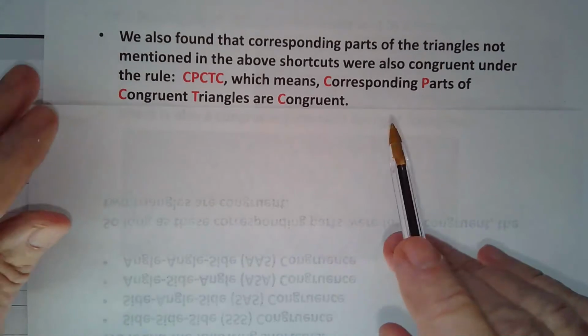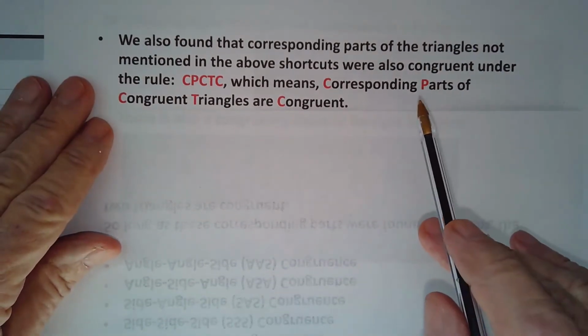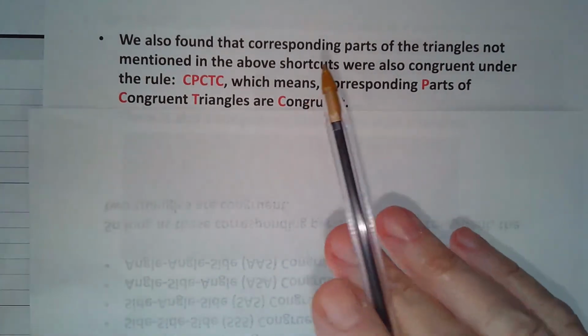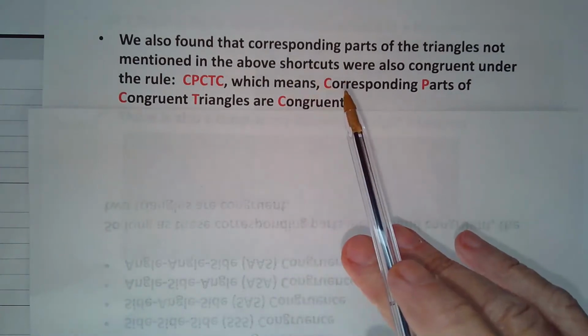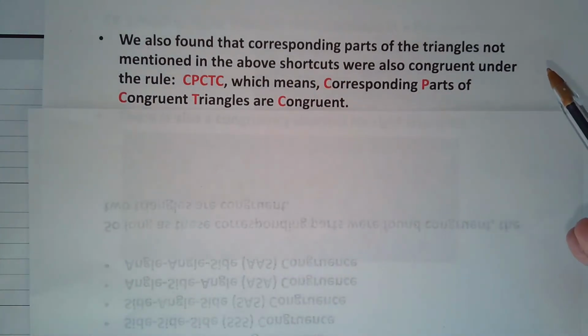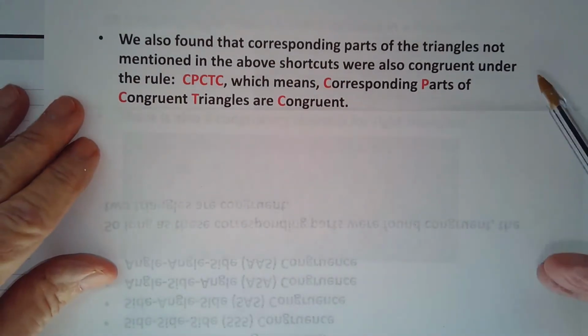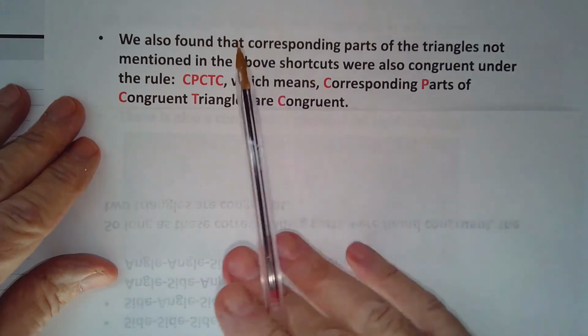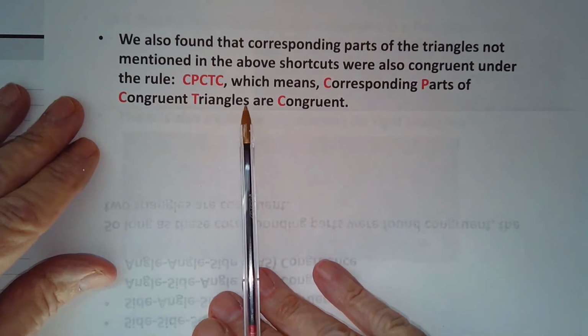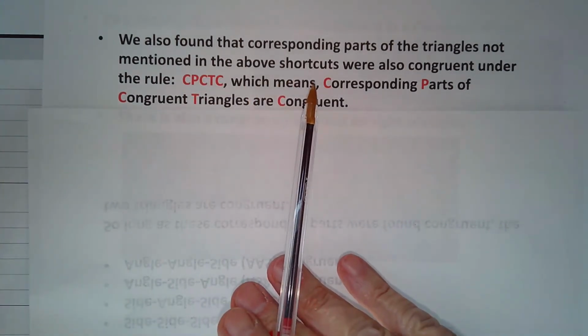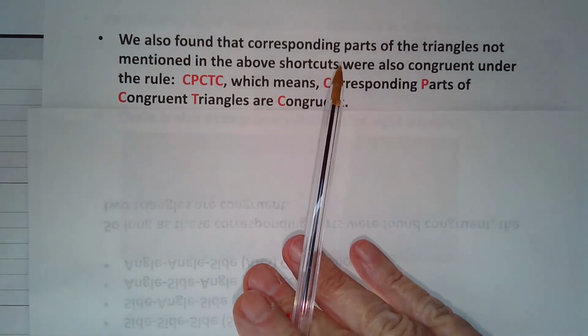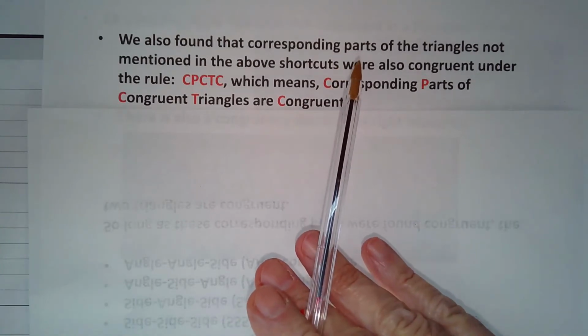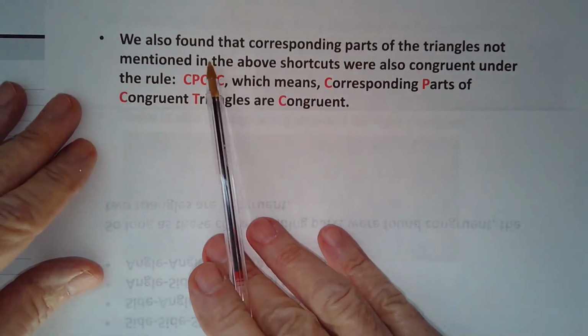If you're using shortcuts with these triangles and only proving that certain parts of the two triangles are congruent, what about the parts that you didn't talk about? Well, think about it. Bottom line is, if the shortcuts determine the triangles are congruent, then all the other parts have to be congruent to their corresponding partner parts.